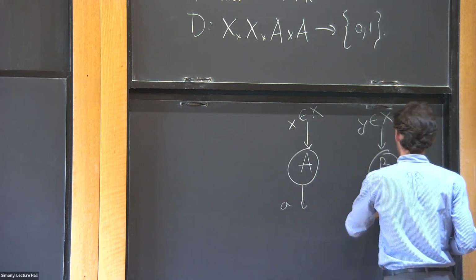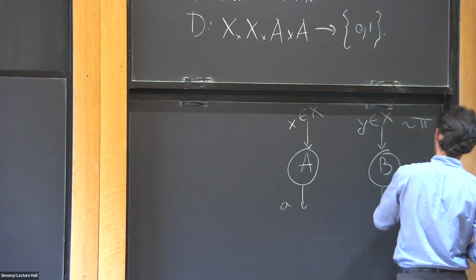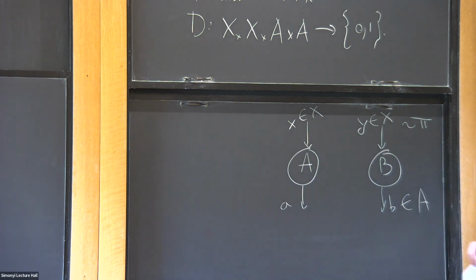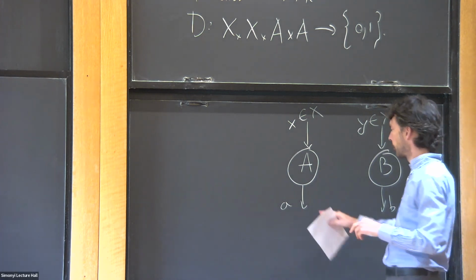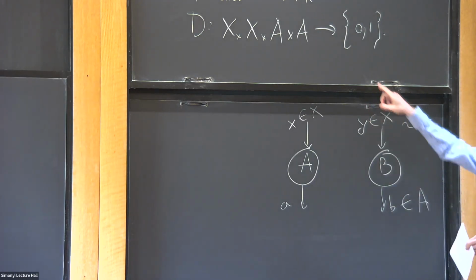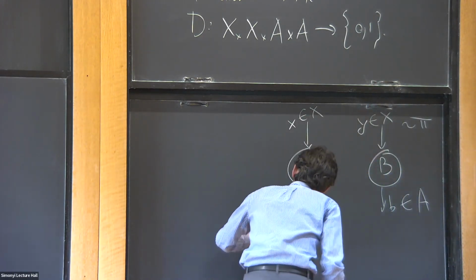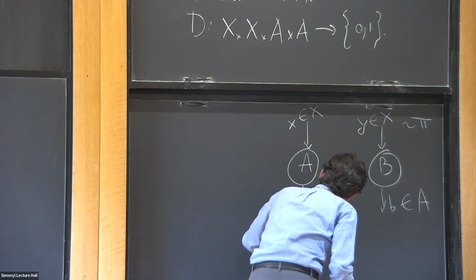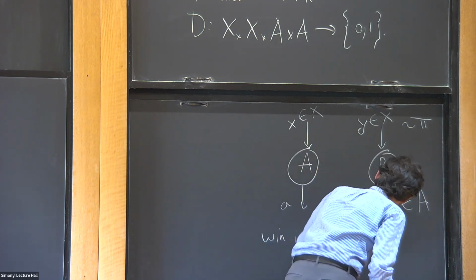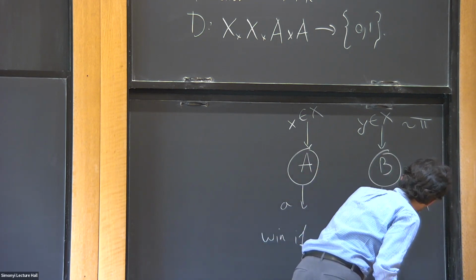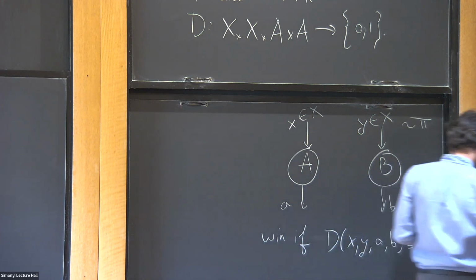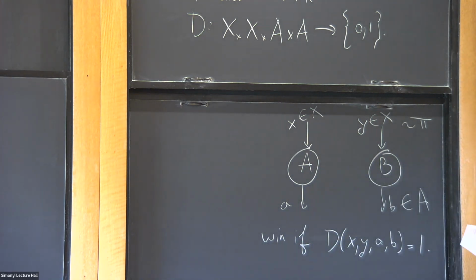So A and B, these answers should range in the known answer set A, and their goal is to produce answers that satisfy the function D. So they will win if D of X, Y, A, B equals 1, okay?